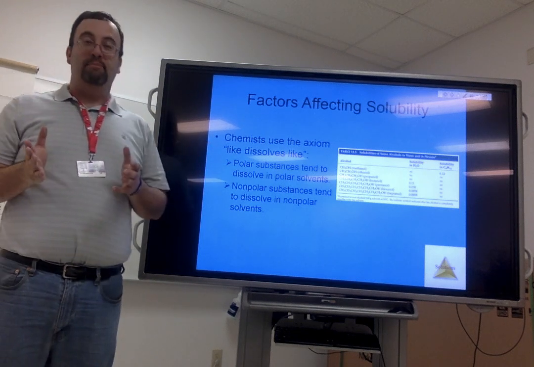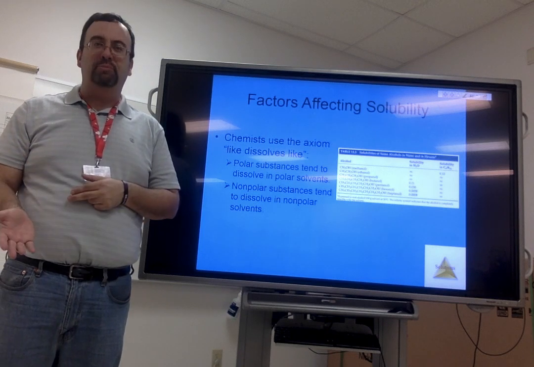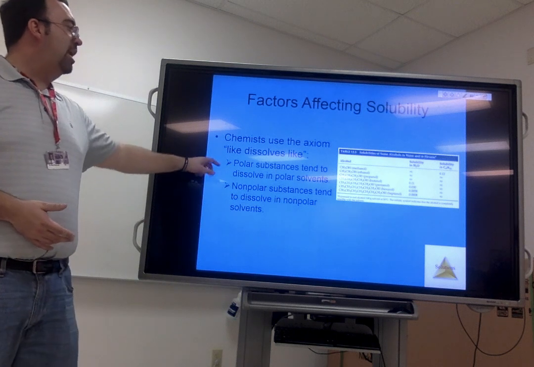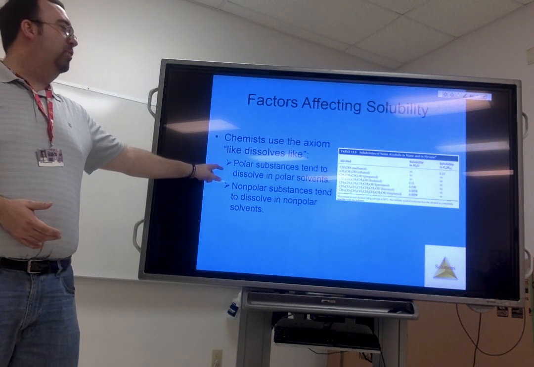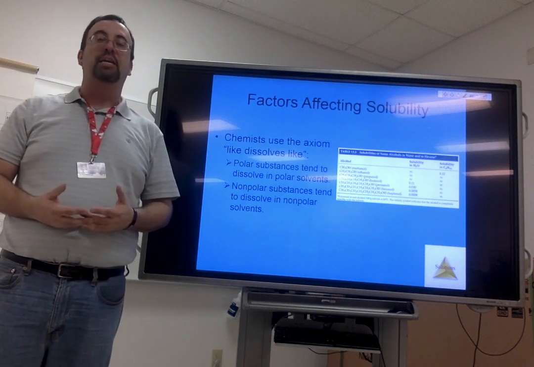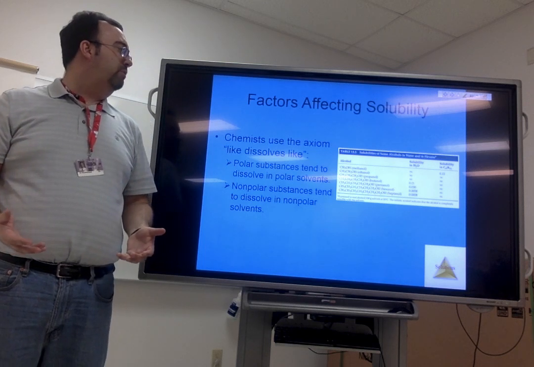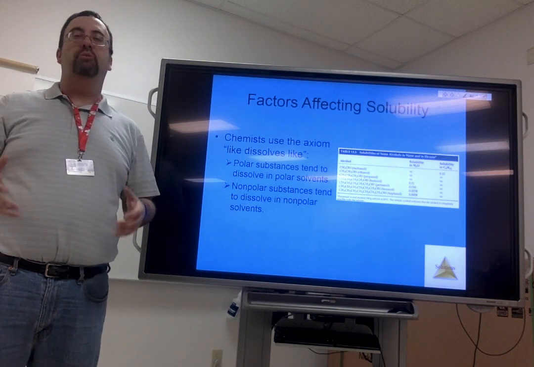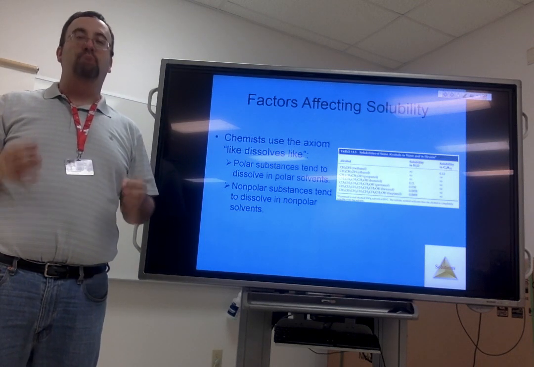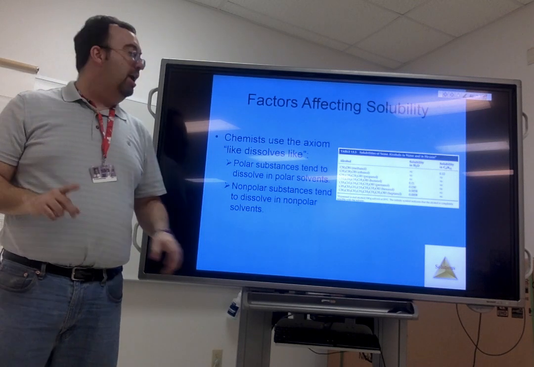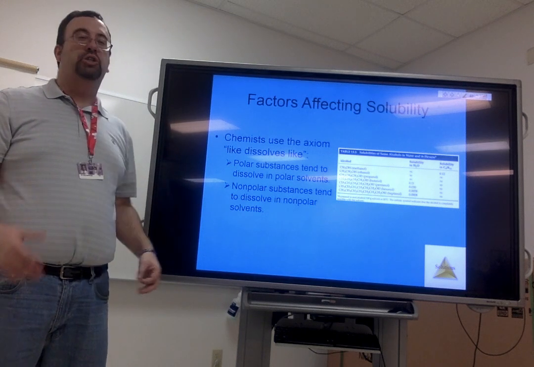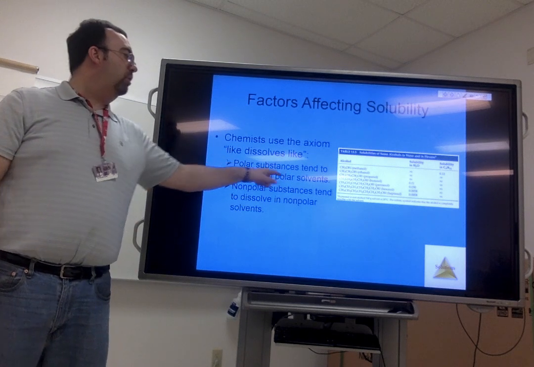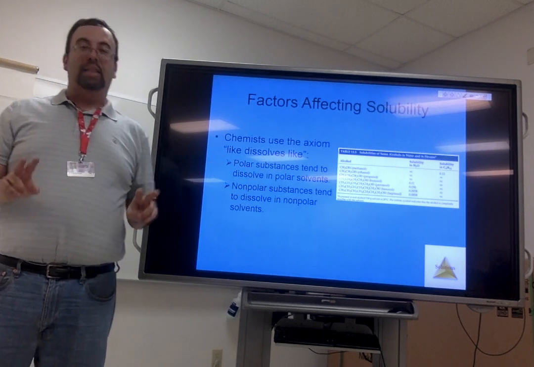What I mean by that is we have polar substances and we have nonpolar substances. If you take a polar substance, it's going to be able to dissolve very easily in another polar solvent. However, nonpolar substances would not be able to dissolve very well in a polar solvent. However, nonpolar substances will tend to dissolve easily in nonpolar solvents. So polar, nonpolar, like dissolves like.